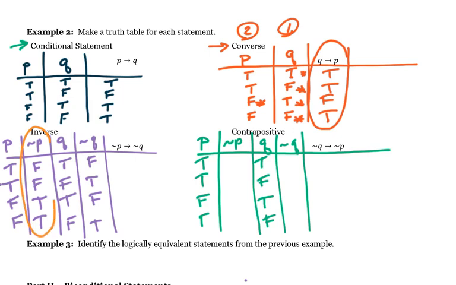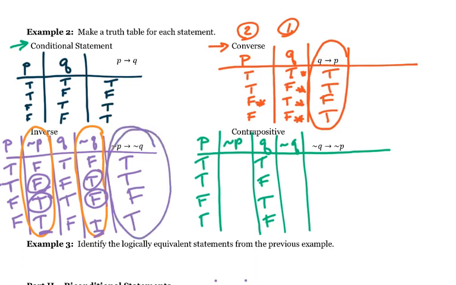I'm looking at this one first, and then following up with the not Q. So I'm starting false and get a false consequent, that is true. Starting false here and getting something true, that's totally fine. Starting with true and getting a false, that is when we have a false conditional. Starting true and ending up with a true consequent, that is true. So this is our truth table for the inverse, which is if not P, then not Q.